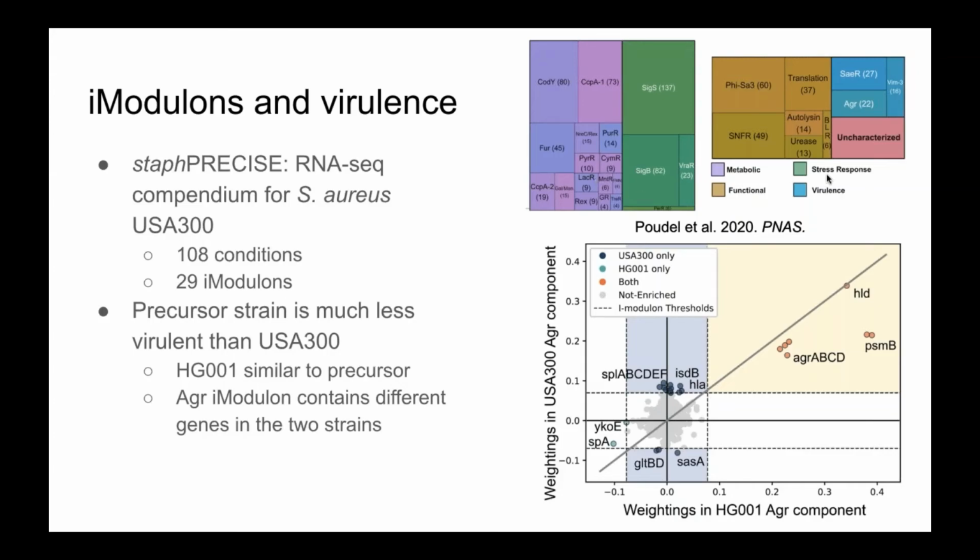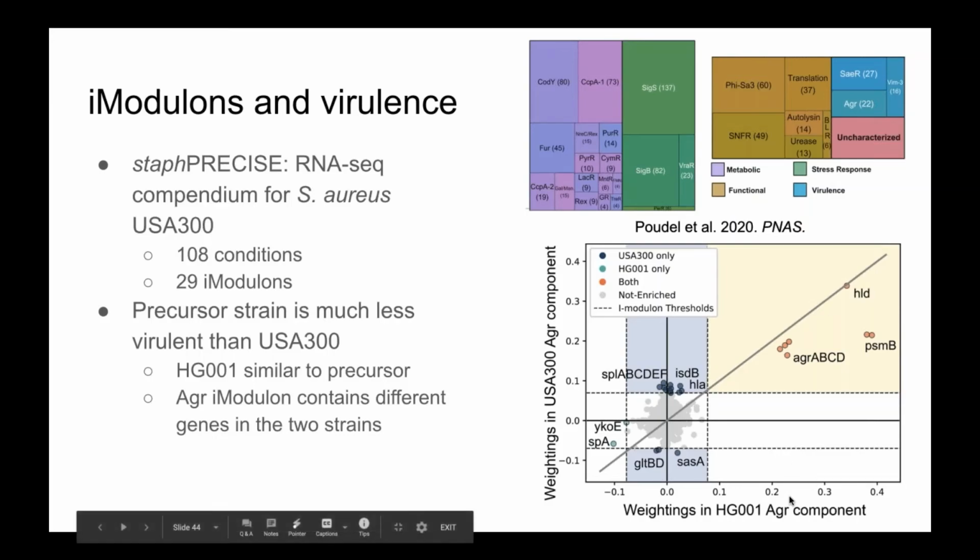So there's a progenitor strain for USA300 that's known to be much less virulent than USA300. And this HG001 strain is very similar to that precursor. So we also computed iModulons for this strain and found that there was one iModulon related to the agr virulence factor that shared quite a few genes between these two strains.